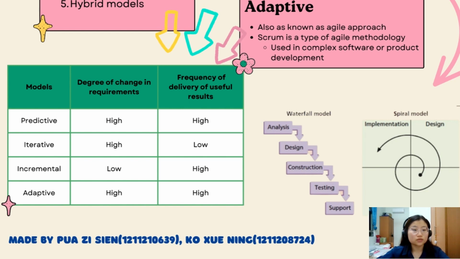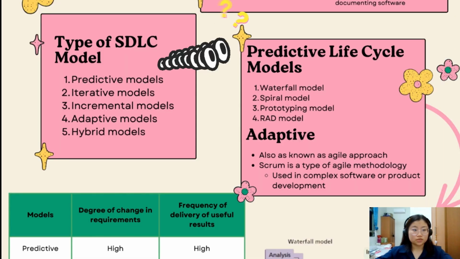However, for the incremental model, the degree of change in requirements is low, but the frequency of delivery of useful results is high. And the last one, the adaptive model, is high in both the degree of change in requirements and the frequency of delivery of useful results.